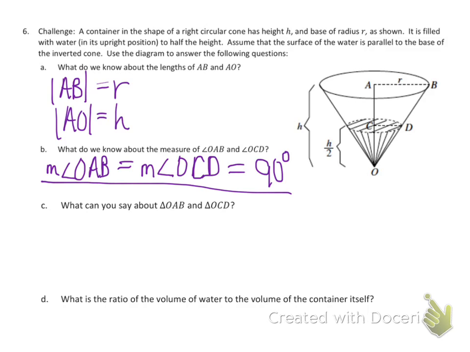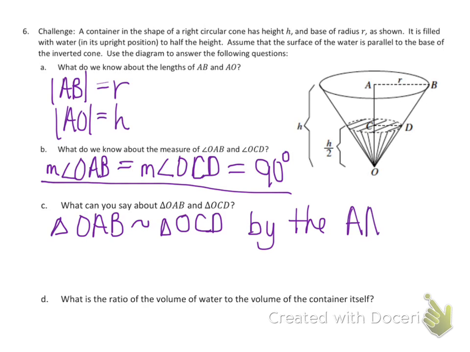Okay, so hopefully you could notice that triangle OAB is similar to triangle OCD. And the reason would be angle, angle. So notice that both triangles have this angle O in common down here. And both triangles, we already said, have this angle equal. So they're similar by the angle, angle criterion.